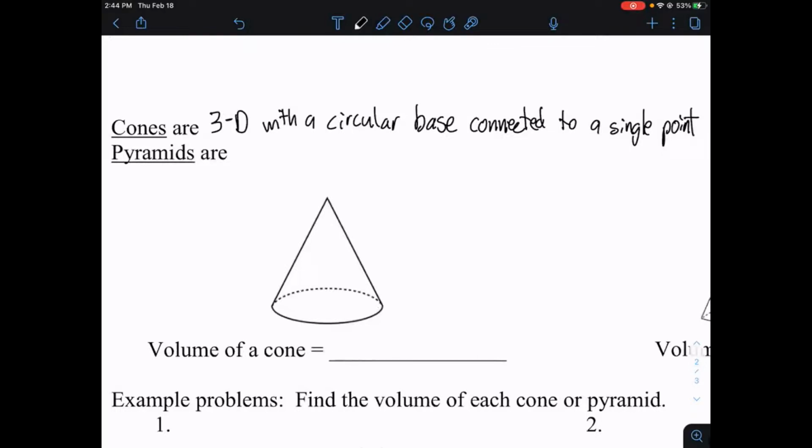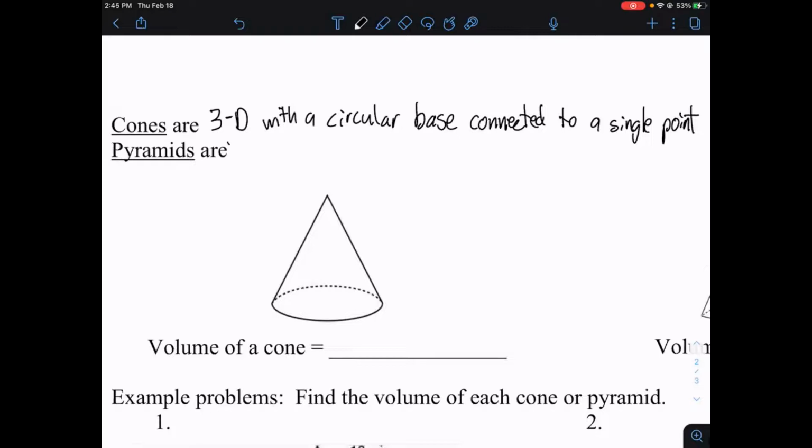Right, so you guys know like ice cream cones or traffic cones, right? They sort of have a circular base and then they narrow down to a single point. Okay, and so pyramids are basically the same thing.